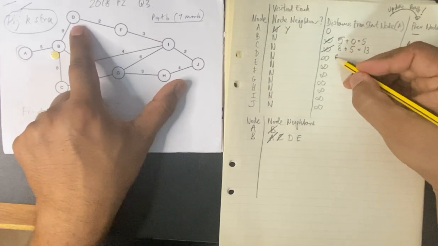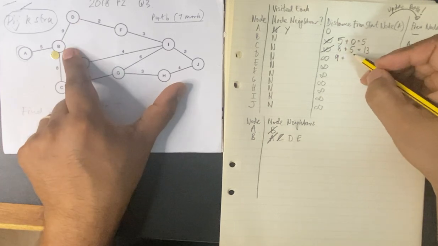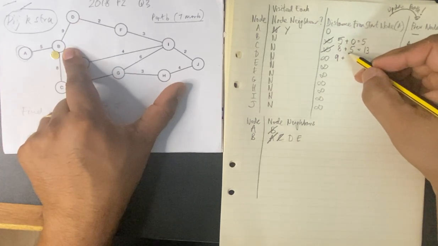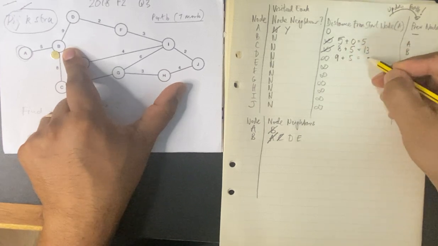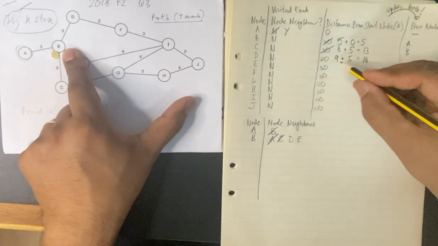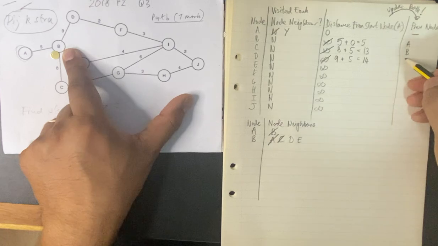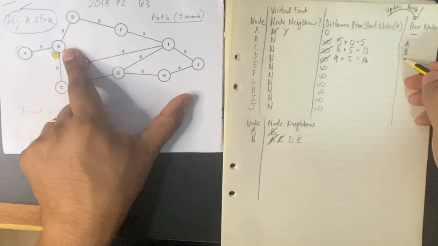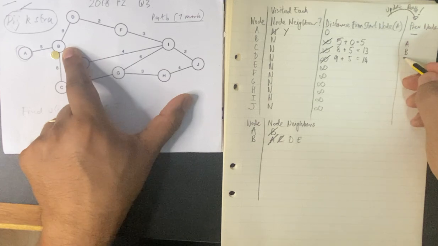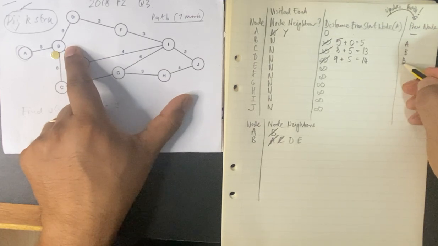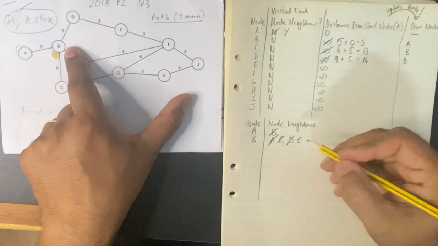So 9 plus the distance from B to the start, which is 5. That's 14. 14 is smaller than infinity, so we can update that. And then the previous node is B. And we can cross it off here.